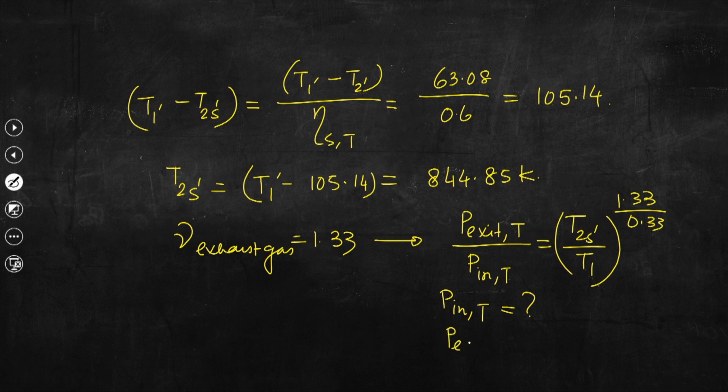So, P exit turbine equals 1 atmospheric pressure, that is given, as the turbine exhausts to atmosphere.